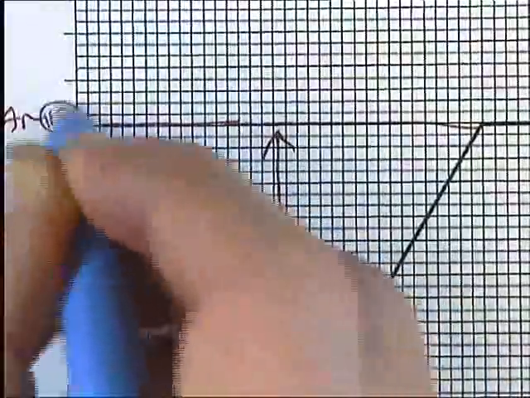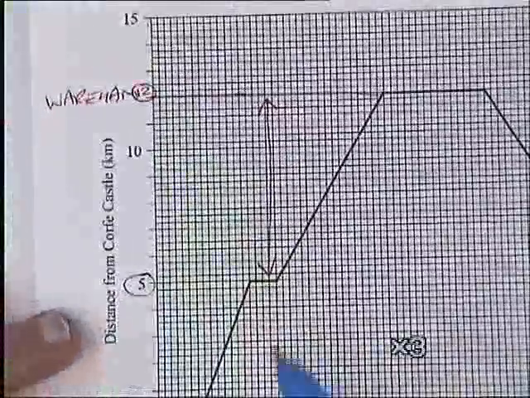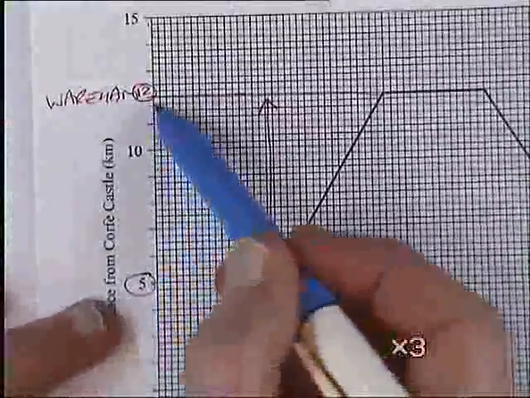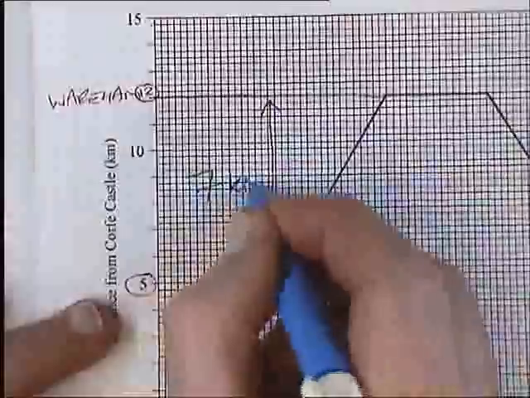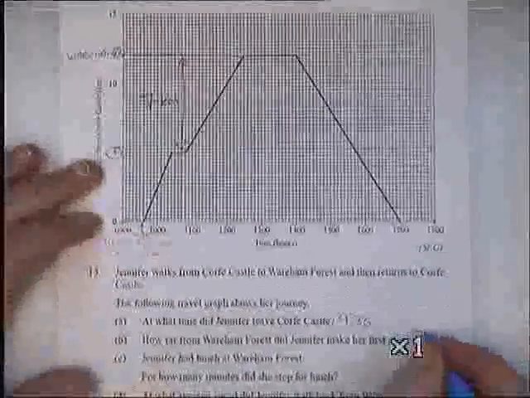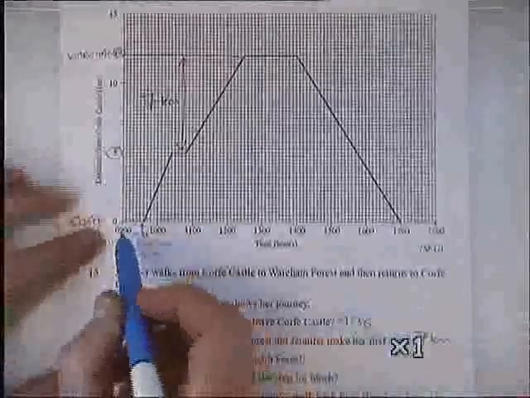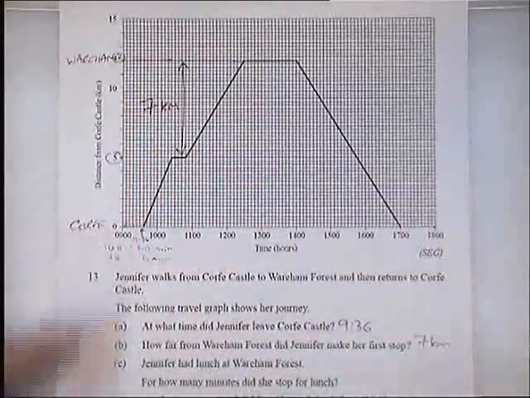So Wareham there is at 12 kilometres away. So how far from Wareham Forest? From 5 kilometres to 12 kilometres. That's a distance of 7 kilometres. So that's the answer for part B. It was 7 kilometres from Wareham Forest. It was 5 from Corfe, but 7 from Wareham.